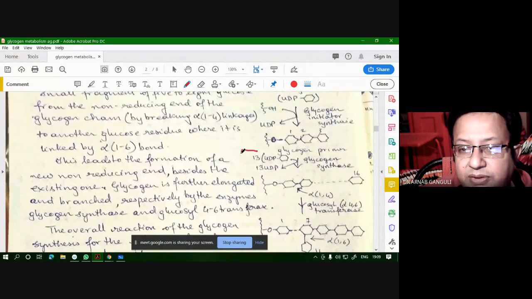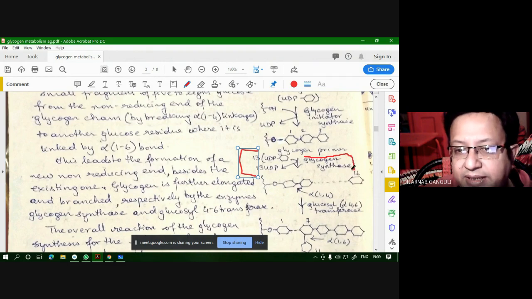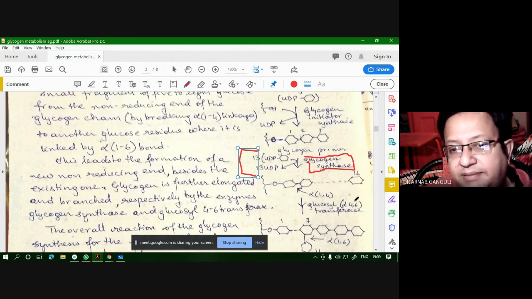Now you can talk about the famous enzyme. After initiator synthase has done its work, a new enzyme, glycogen synthase, acts. Now what it does, the residues come and you have all these alpha 1,4 linkages forming.